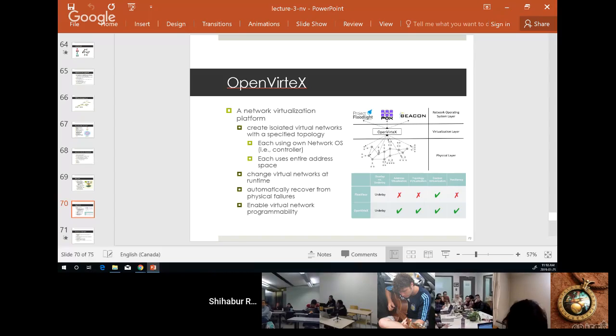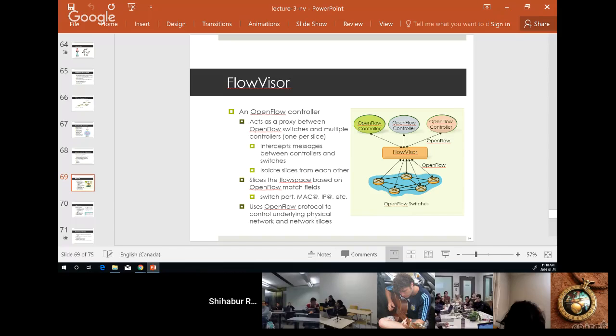Is your question why here we operate on the entire address space? Yes. FlowVisor does not operate on the entire flow space, because the way FlowVisor works is you take the address space and divide it into pieces and say, this piece is under the control of virtual network controller X, and this piece is under the control of virtual network controller Y. So you are partitioning the address space, or the flow space, and allocating these different partitions to different controllers.